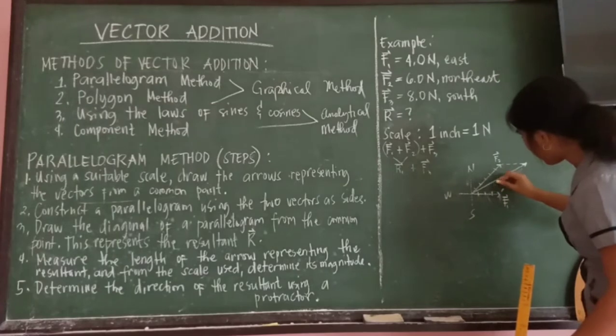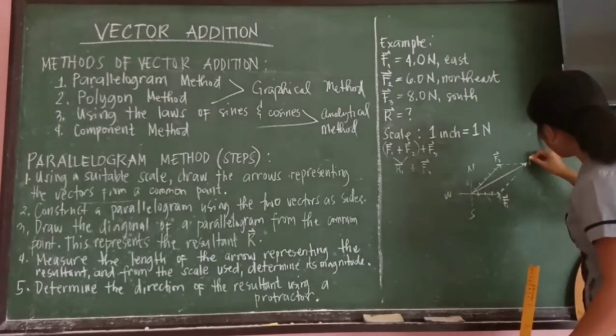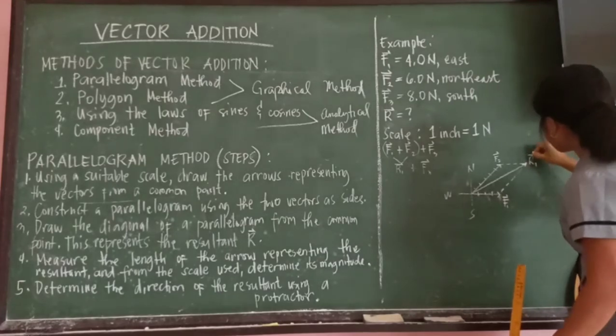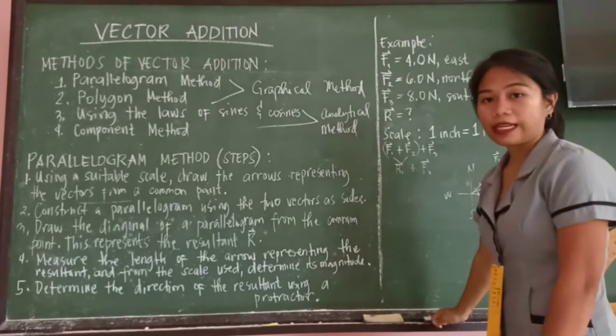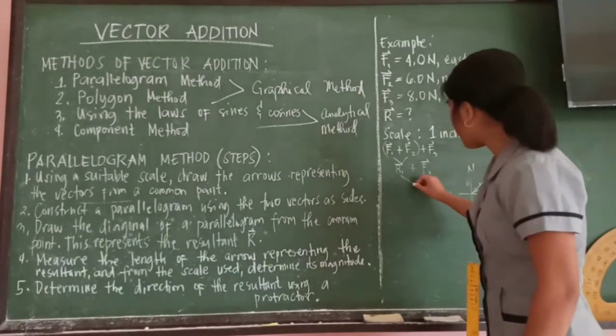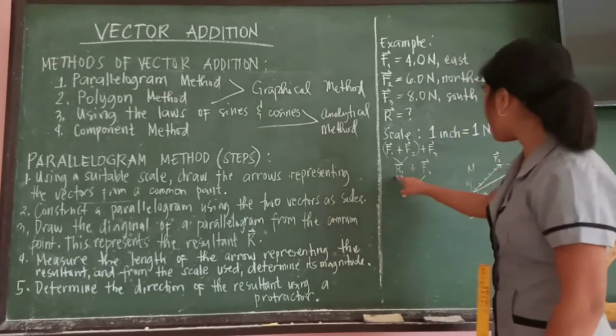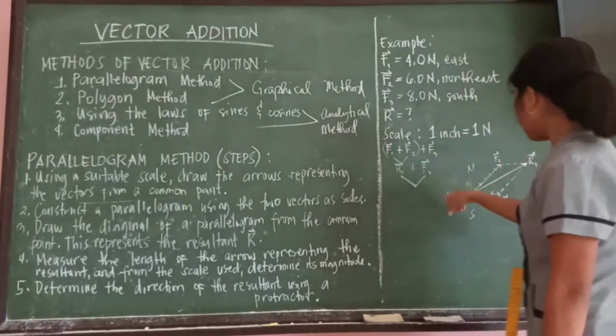So this is represented by r sub 1, since this is not yet the final resultant. Okay, our final resultant will be taken when we add r sub 1 to f sub 3.